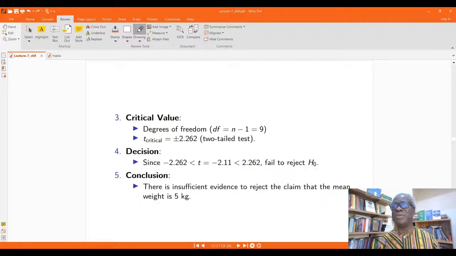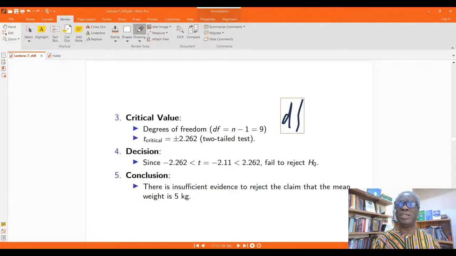We need to now know how we take a decision whether to accept the null hypothesis or to reject it. So when dealing with t statistics, first we need to calculate the degree of freedom.